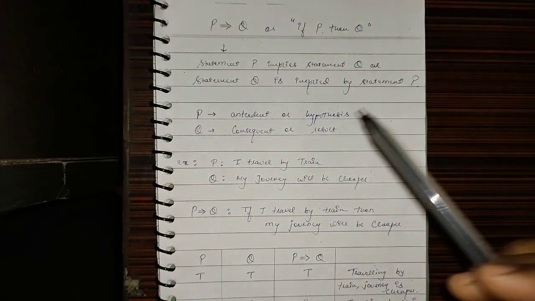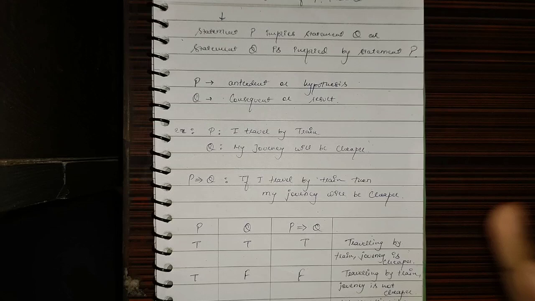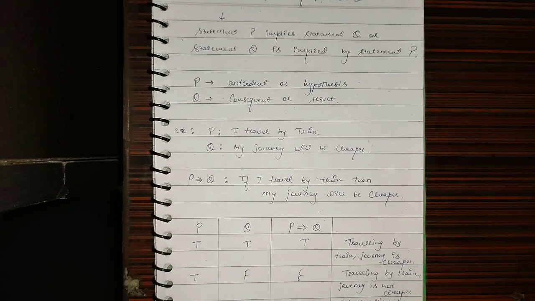And statement Q is implied by statement P, meaning if Q has happened, then P has already happened in the background. Here P is called the antecedent or the hypothesis.